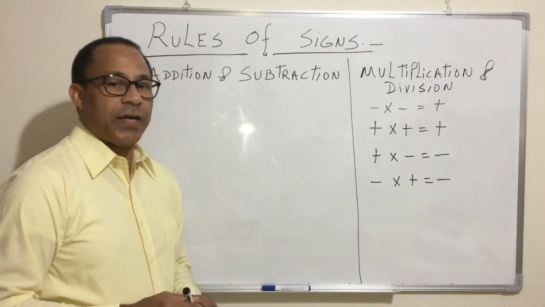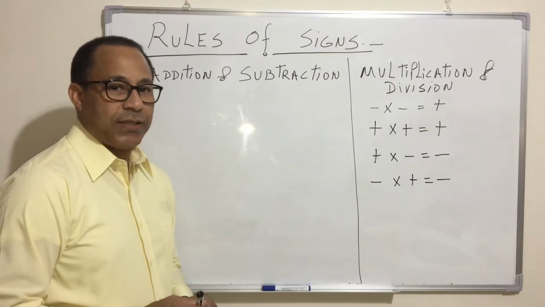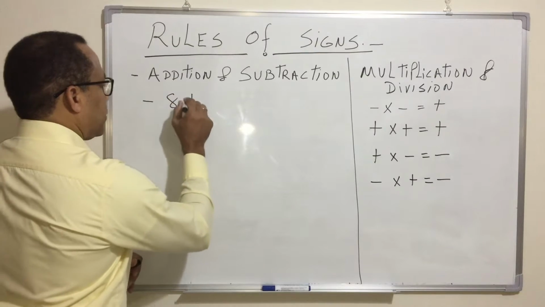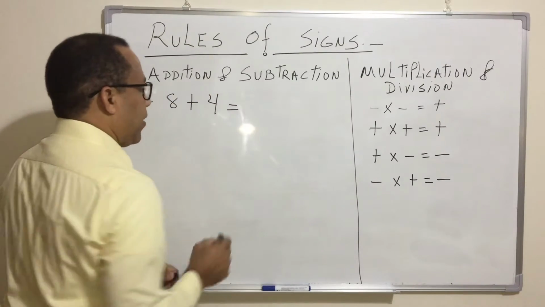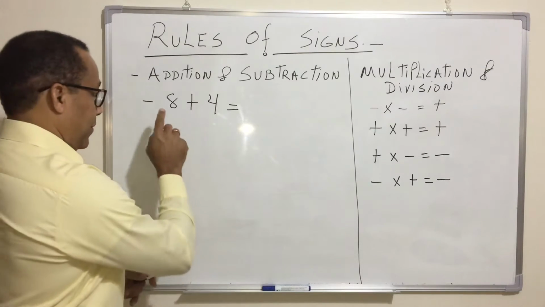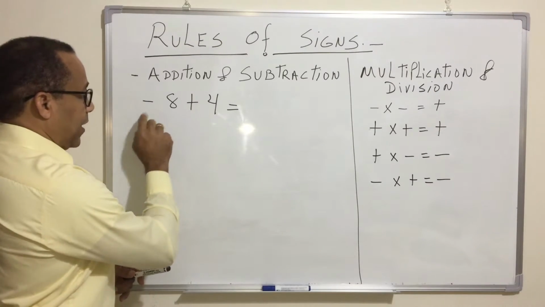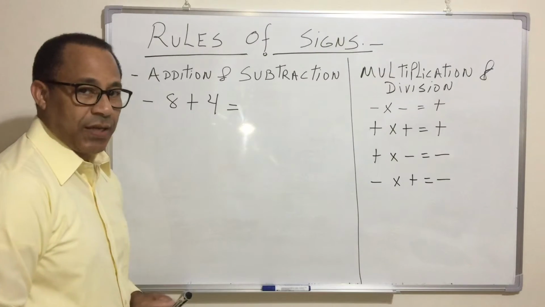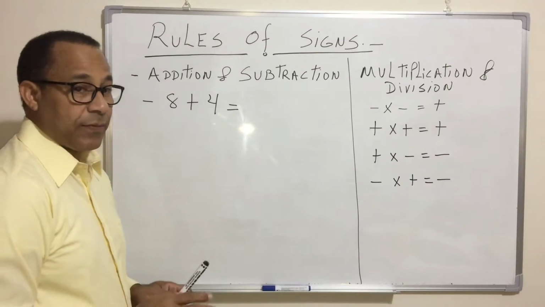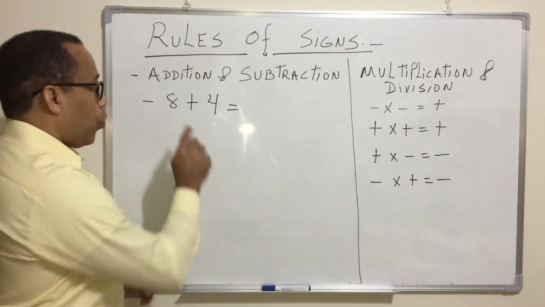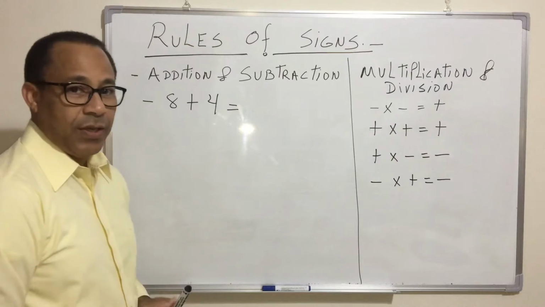The rules of signs in adding and subtracting say, when two numbers have different signs, like negative 8 and positive 4, we subtract the numbers.